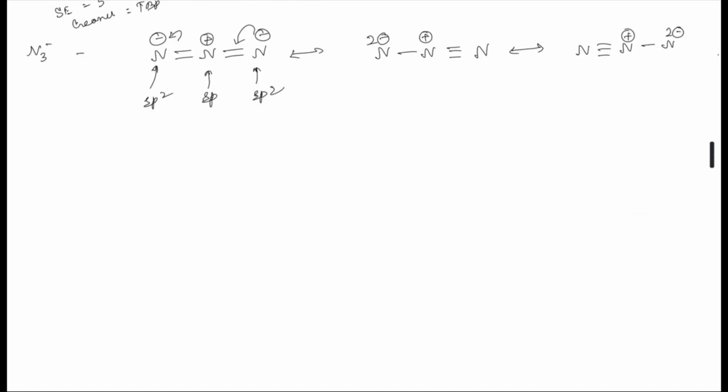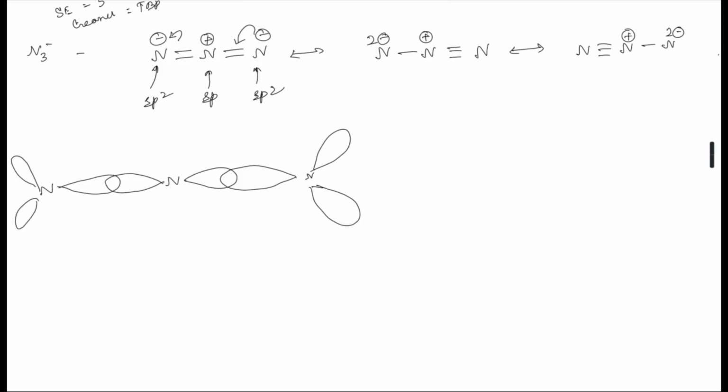If we see the orbital diagram for this nitrogen, this is the central nitrogen. This is the peripheral. This is 2py and 2pz. Let's say the x-axis is the bond axis.